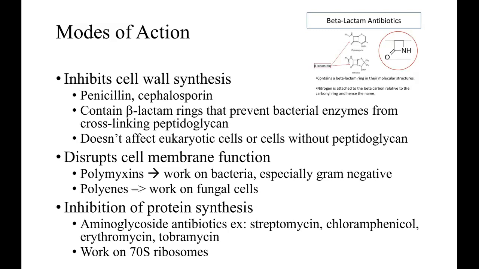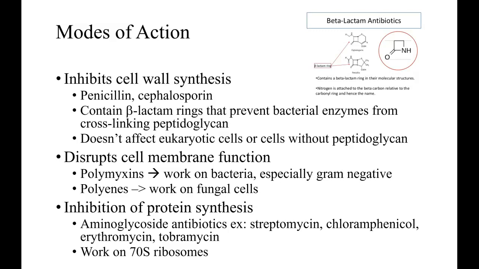Some antibiotics will work by inhibiting protein synthesis. We call these aminoglycosides. So things like streptomycin, erythromycin, tobramycin, they're going to work on how the bacteria makes proteins. If a bacteria can't make proteins, bye-bye bacteria. It's not going to be able to live. If you remember the ribosomes, when we talked about protein synthesis, bacteria have 70S ribosomes.